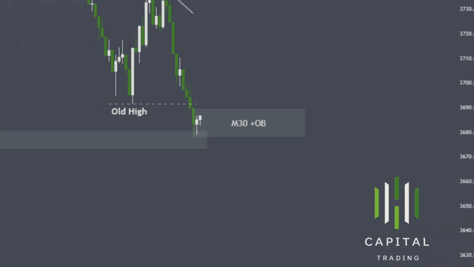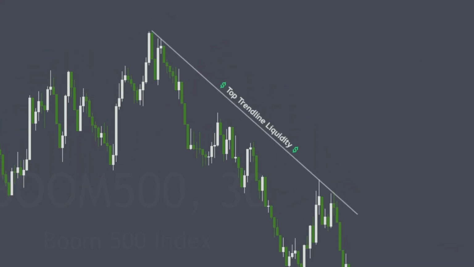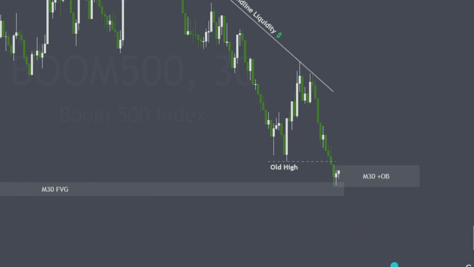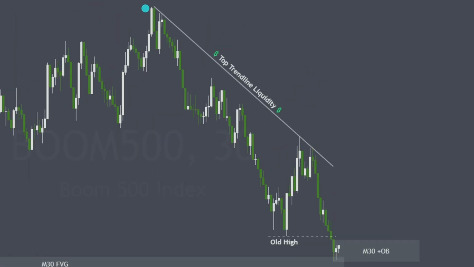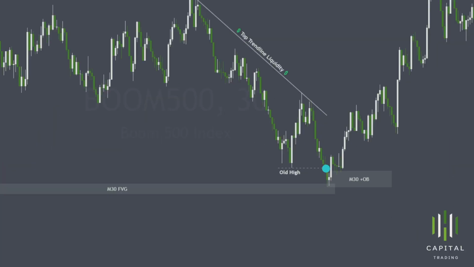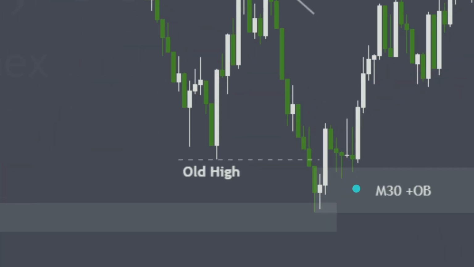But now that we're looking for top trend line liquidity, we want to see if price is going to utilize this M30 fair value gap to go to the upside. And when you talk about the upside, this is our trend line liquidity. We want to see if price is going to reach for that, right? So price did that. We did utilize this fair value gap, also this bullish order block, the last down close candle.